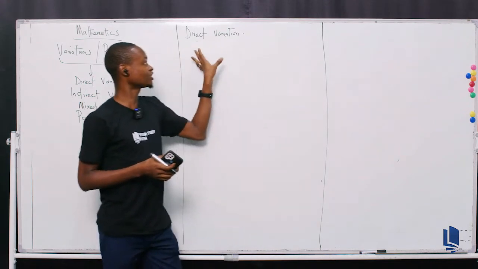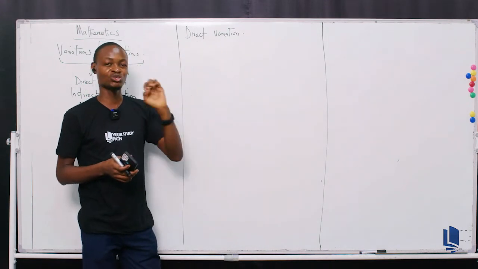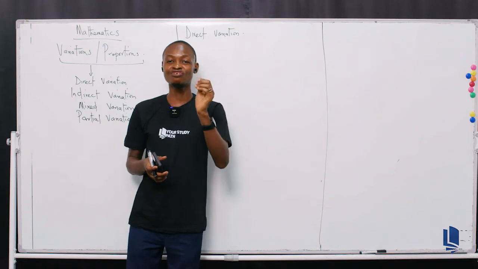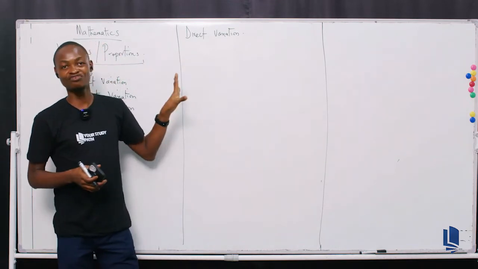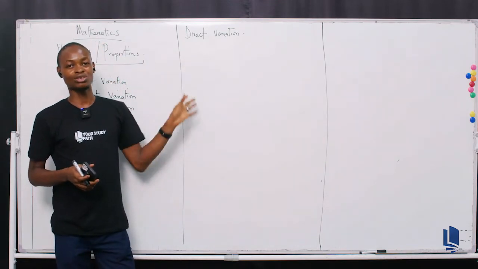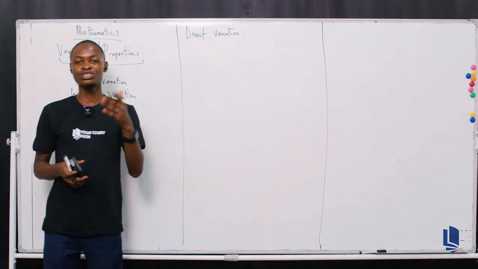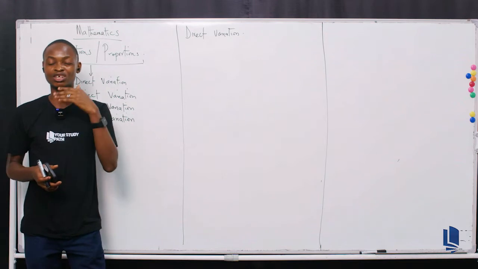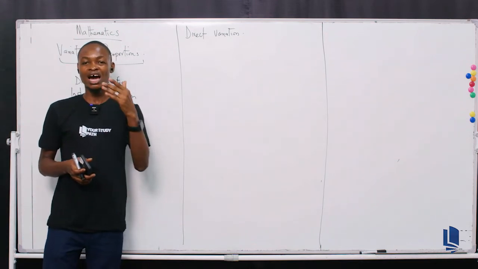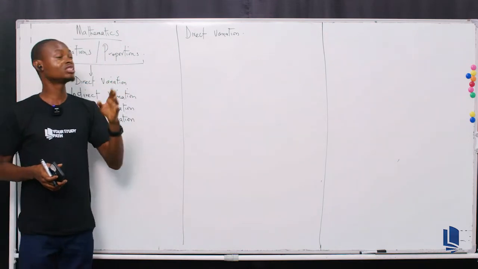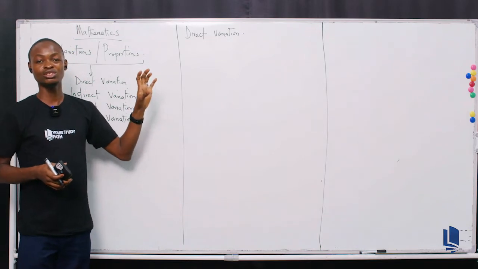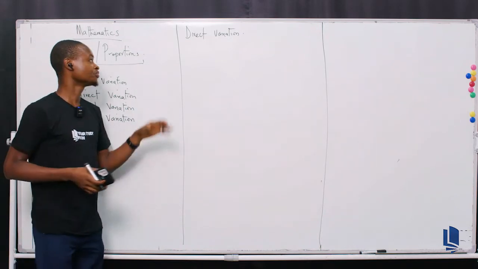Once you are done discussing these different types of variation, you will be able to identify which kind of variation we are talking about. And of course, it's not just in Boyle's law and Charles' law. You have the concept of resistance in series and resistance in parallel, and in those concepts, you need the study of variations as well.